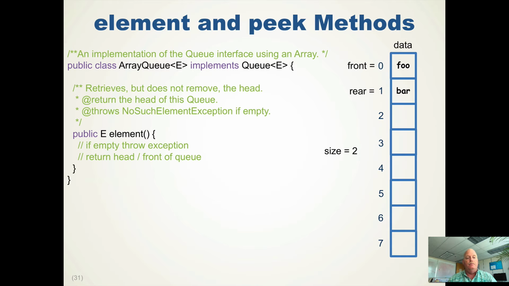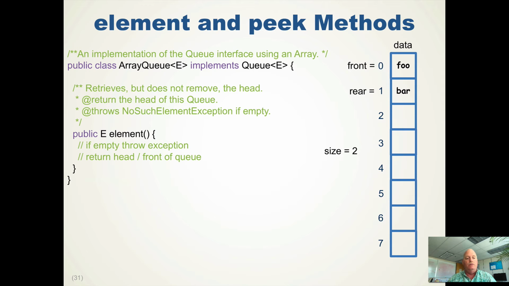And so the next thing is, how do we look at the front of the queue without updating the front of the queue? We don't want to change it. We're just peeking, or we're looking at the inside. The element method throws an exception if the queue is empty. If it's not empty, we return the front of the queue or the head of the queue.